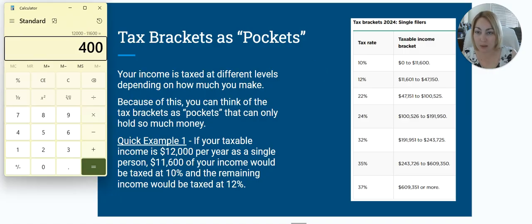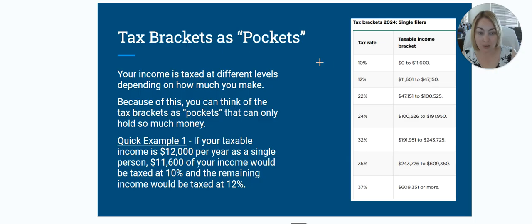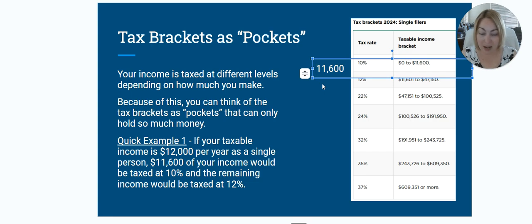What this really means, I'm going to grab a quick text box here, is that in the 10% bracket there is $11,600. I'm going to put a dollar sign because whenever we're doing anything in financial math, 9 times out of 10 it's going to be money, but it's not always money. So I need to know that you know it's money.